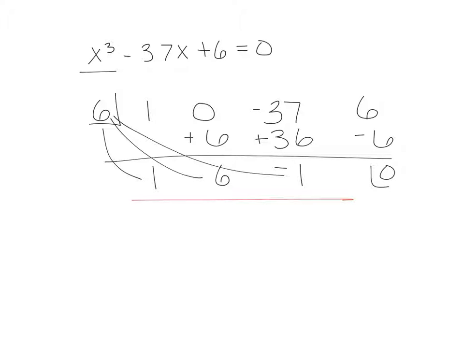These three coefficients are the coefficients of our new equation that we can factor to find the other roots. So we already know that one root is x equals 6. To find the other roots, we first want to write these coefficients as the equation they represent.